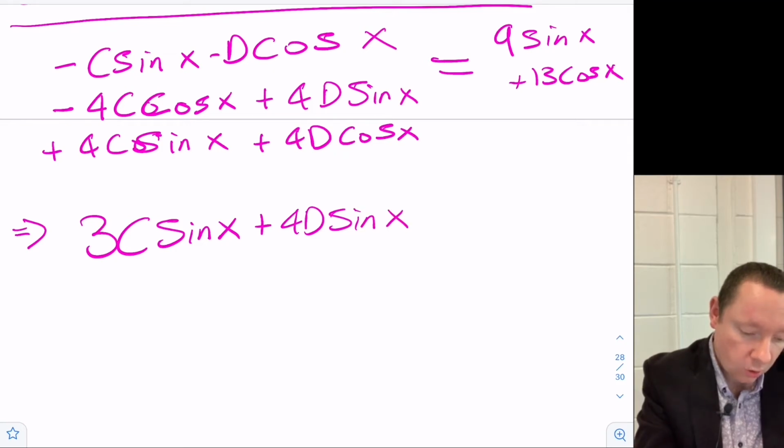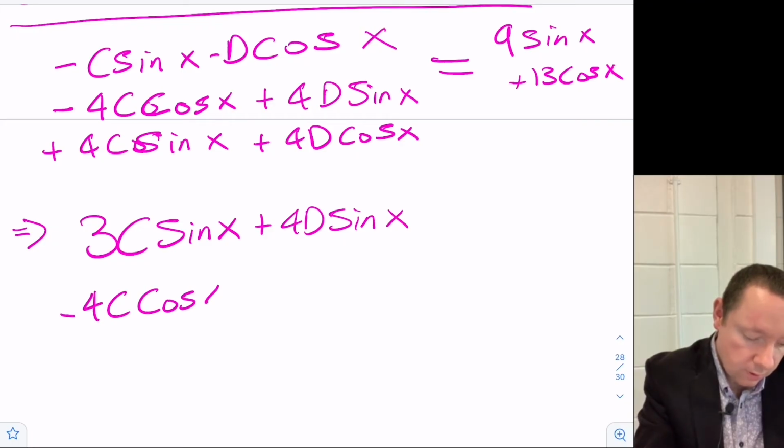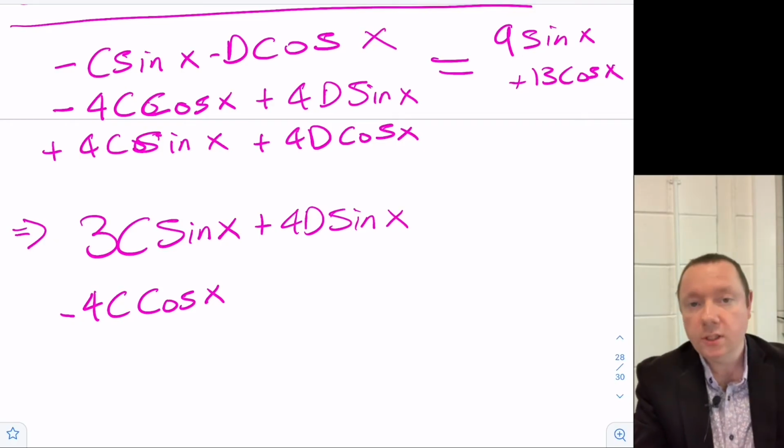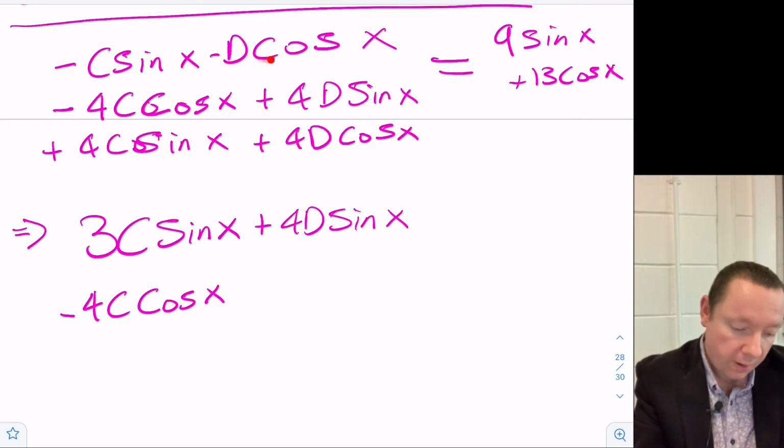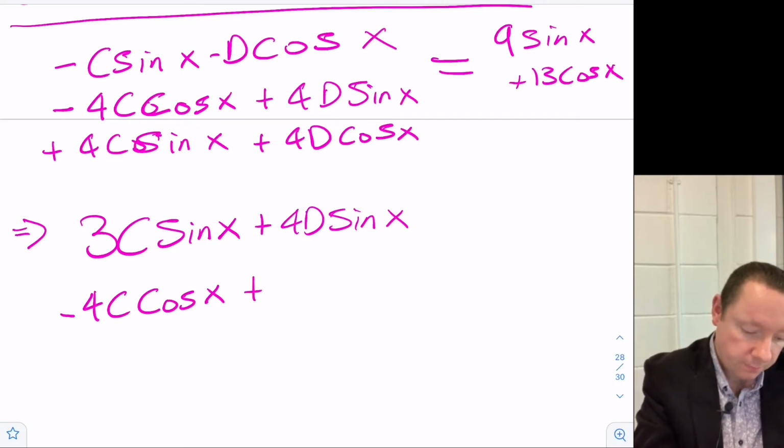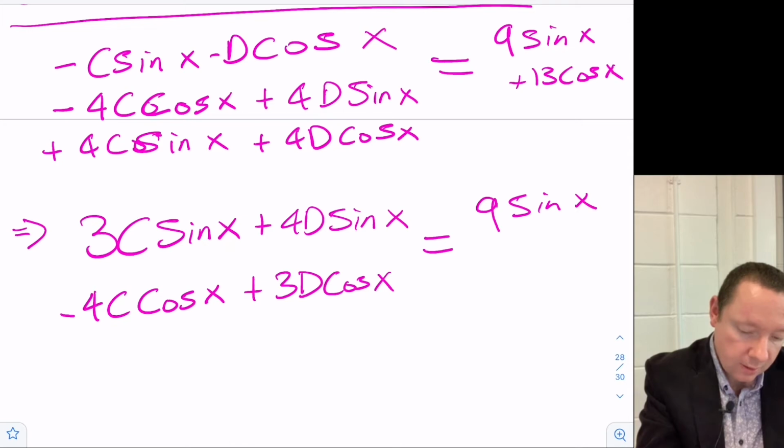And then looking at our cos terms, in terms of c, we've got minus 4c cos x. And looking at our cos terms for d's, we've got minus 1d cos x plus 4d cos x, so we've got 3d cos x. And again, that all equals 9 sin x plus 13 cos x.